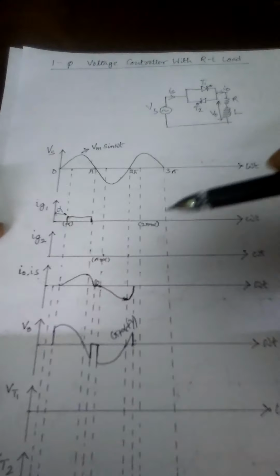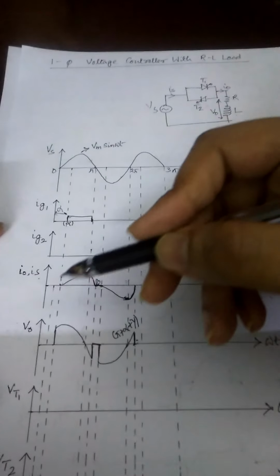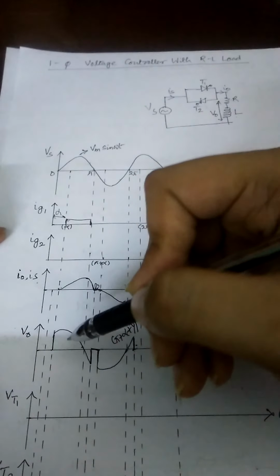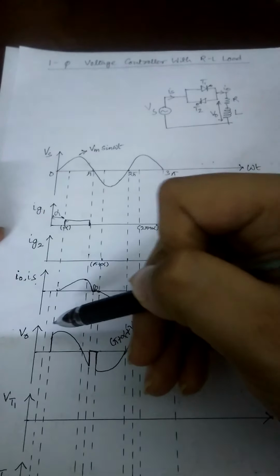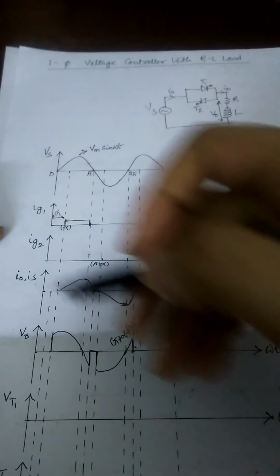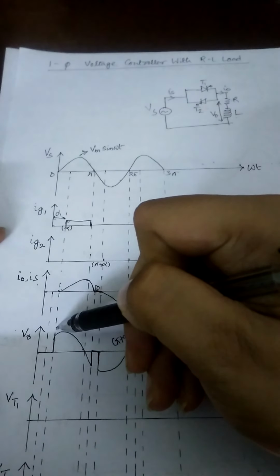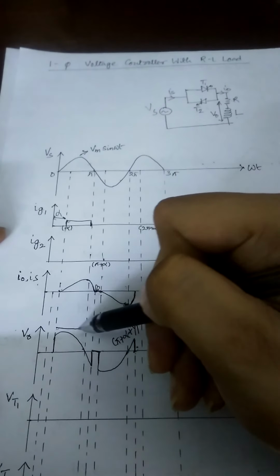If we show the position of gamma, this is the actual conduction part, that is gamma.